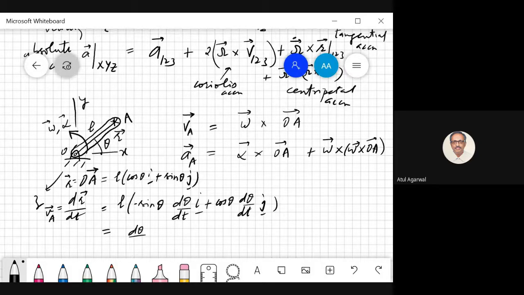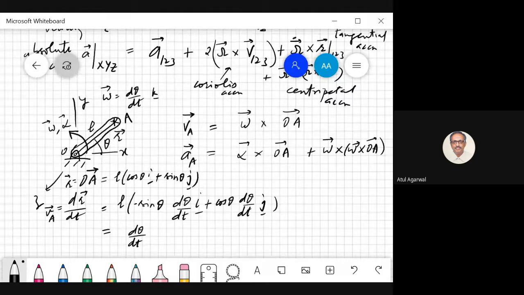So you get L d theta by dt. Assume omega is equal to, so you assume the bar is spinning in the xy plane about the axis z.